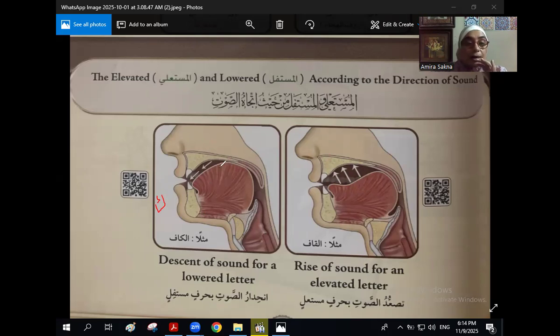So the sound does not rise to the roof of the mouth like with qaf. That's why qaf is elevated, musta'li, and kaf is lowered, mustafil. So when I talk about elevation, istila, and lowering, istifal, I'm talking about the direction of the sound.